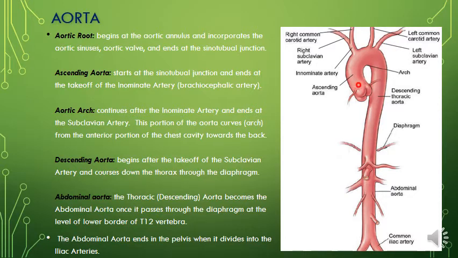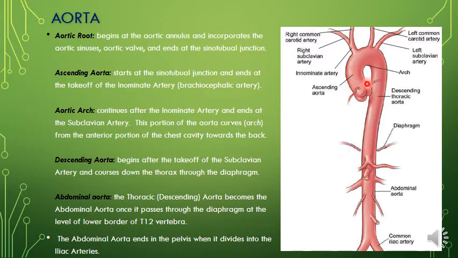So in this image we can see the aortic root, which begins at the aortic annulus, here the opening of the aortic annulus, and incorporates the aortic sinuses, aortic valve, and ends at the sinotubal junction. This junction, where the aortic sinus joins with the tube of the ascending aorta, is called the sinotubal junction.